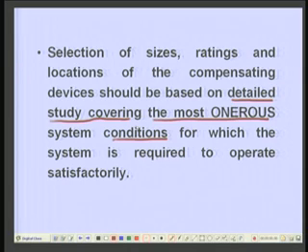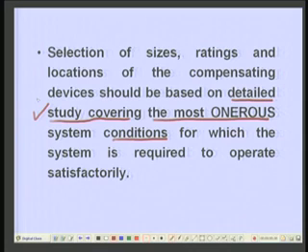The idea here is that when you are doing this design, you have to determine what should be the location of the reactive power sources, what should be their sizes, and what should be the type, in the sense that it is controlled or fixed, or whether it should be continuously controlled or discrete control.